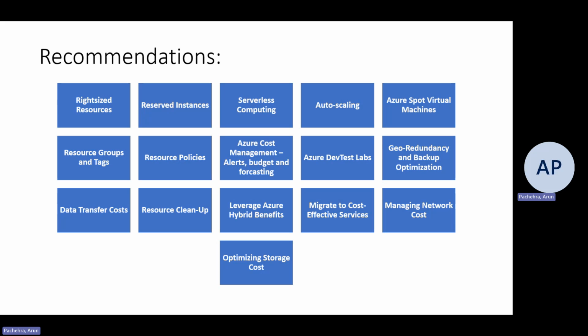Now, Spot virtual machines. This is something that you could utilize. It is the unused capacity of Azure data centers. You could utilize this for workloads that can tolerate interruptions, for example, batch jobs. Spot VMs are significantly cheaper, but you can lose that VM on short notice.